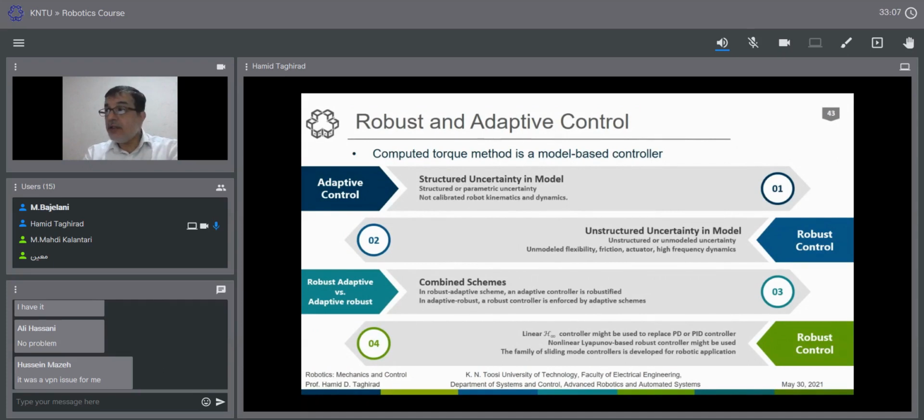And if we consider the robust control, as you see in the last part, there is also one other way to use the robust. Instead of having a PD controller, which is a simple linear controller, we can have a robust linear controller. A robust linear controller comes in the form of an H-infinity controller or mu-synthesis controller. They are based on a frequency domain approach.